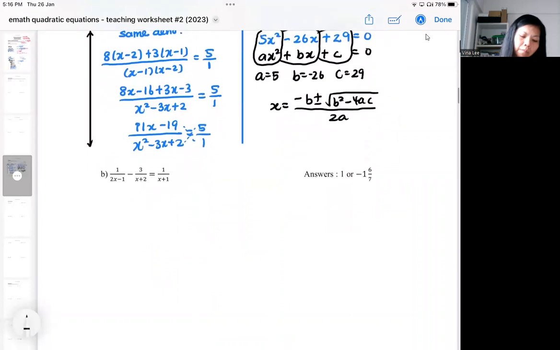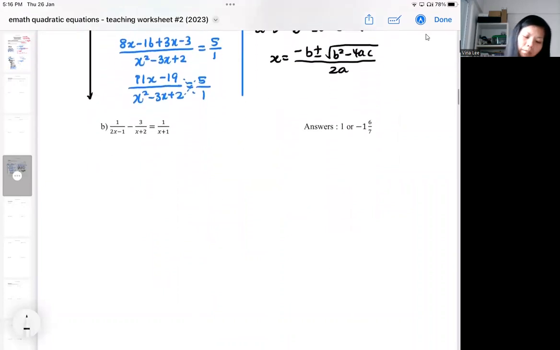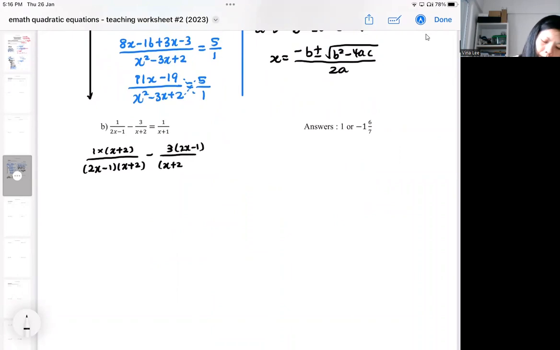You see a fraction minus a fraction. So same thing, I'm going to multiply the missing brackets.